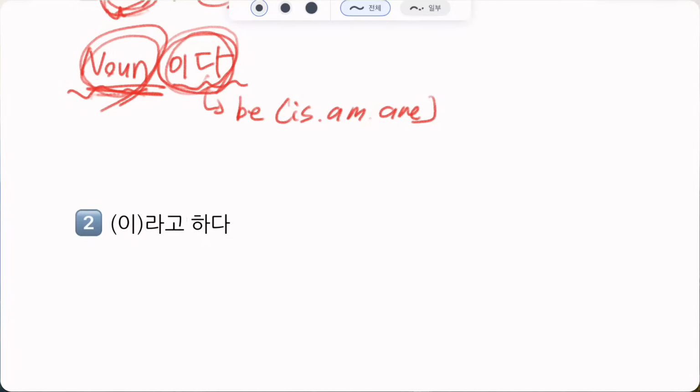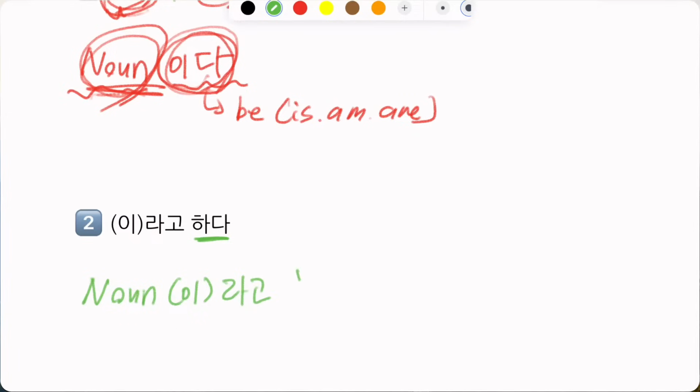But you can just think of it as to say, 잠깐만요. Literally, it means to say that, or to say noun, or to call something or somebody noun.